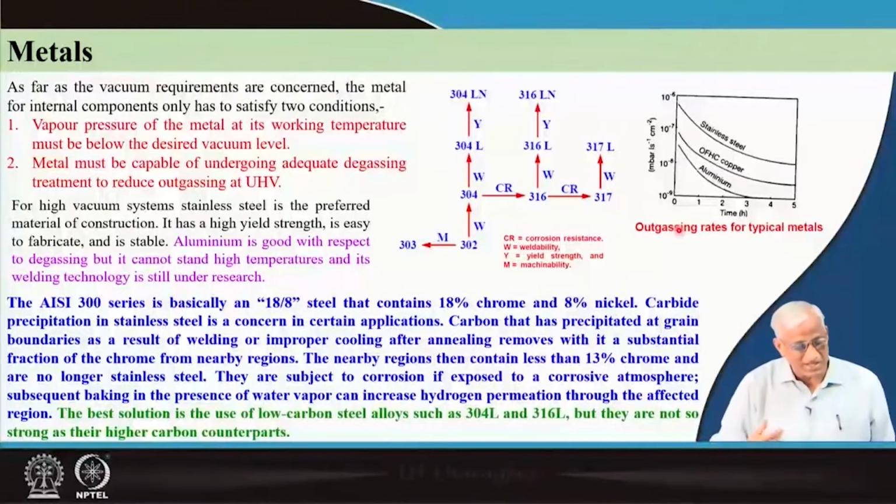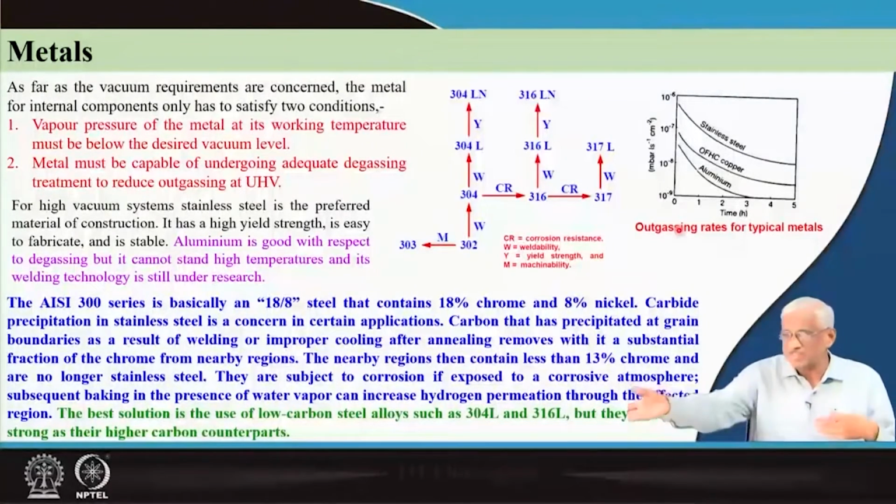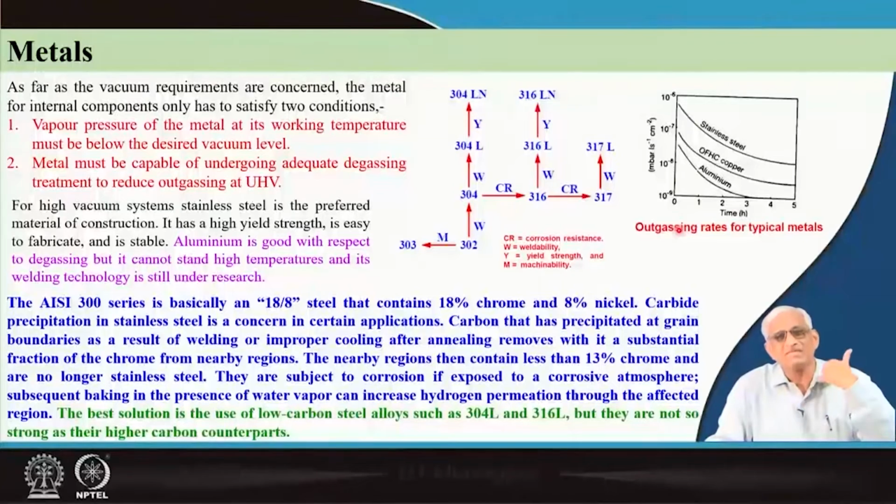Second property: even if it has absorbed some gas when exposed to atmosphere, it should be possible for you to degas it easily once it is loaded inside. If there is a high level of degassing, then you will never get vacuum.